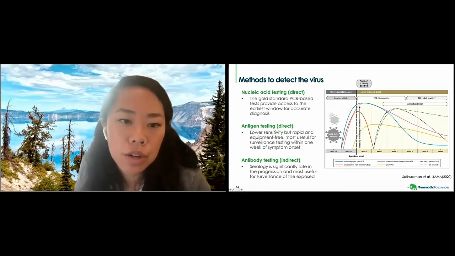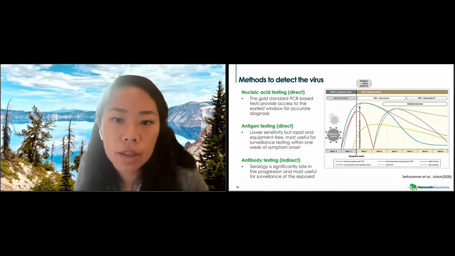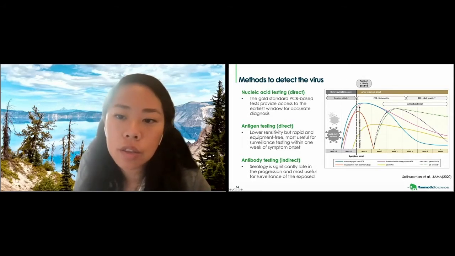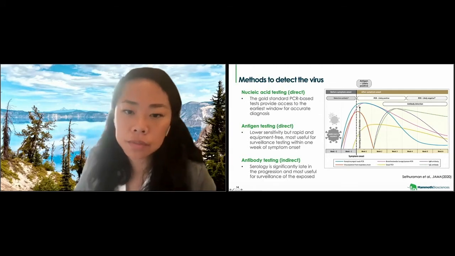All these tools are important for us to understand progression of disease and the outbreaks that are occurring, but I wanted to recognize that a combination of approaches is necessary, and the work that I'll be talking about using CRISPR falls into the first category of actually detecting the nucleic acid of the virus itself.